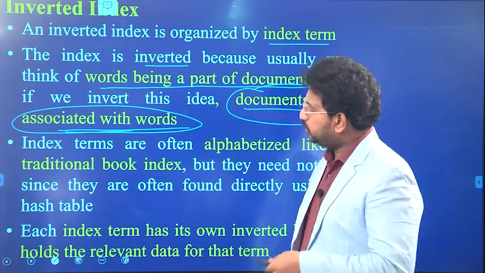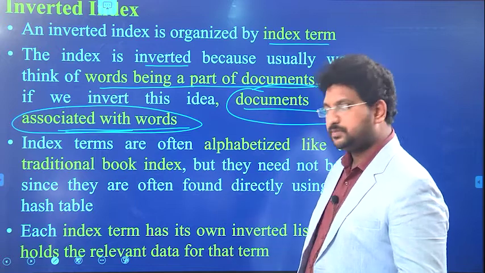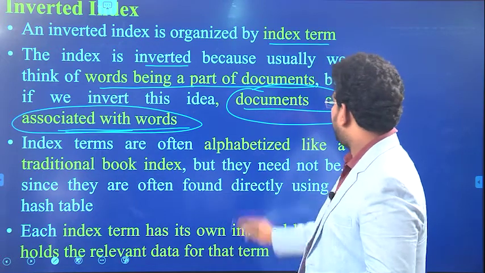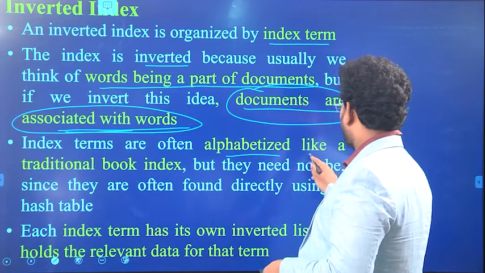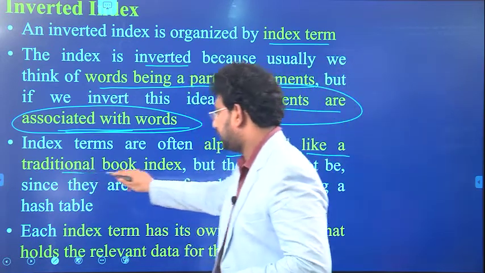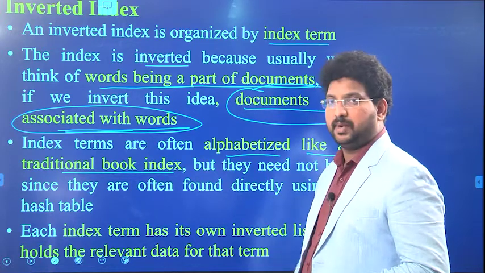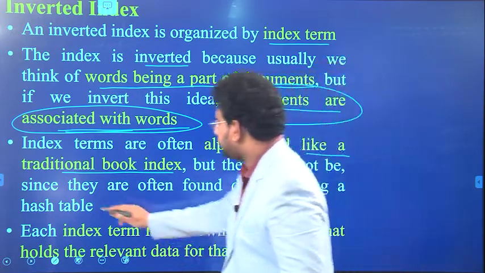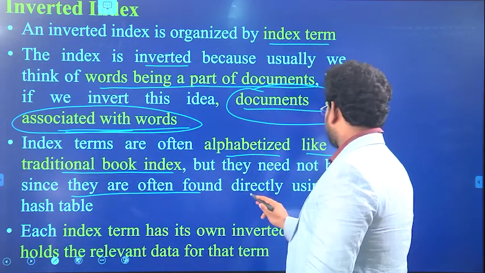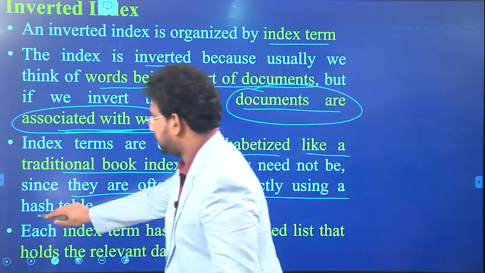And if you see some more details, index terms are often alphabetized like a traditional book index. So this is what we already know, but they need not be, since they are often found directly using a hash table.